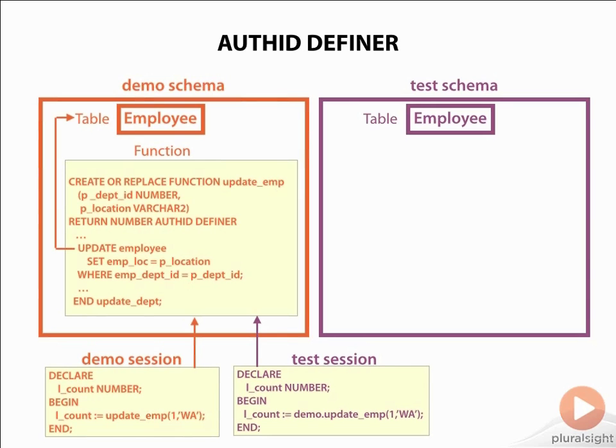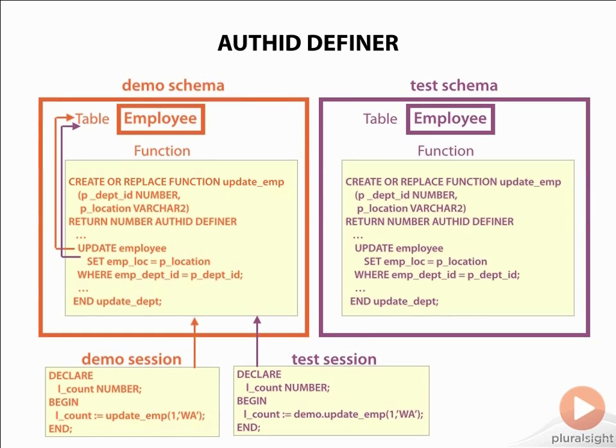Since the updateEMP function is a definer's rights function, even though user test is executing it, it will work upon and update the employee table in the demo schema. User demo is the owner or definer of the function, and references to external objects inside it will be resolved in the demo schema. What if our intent is to update the table in the test schema when user test is executing the function?